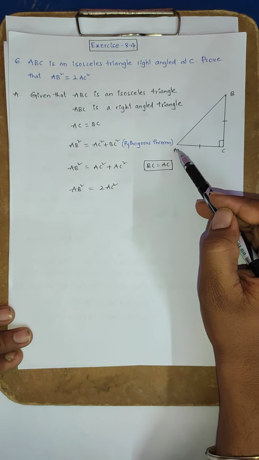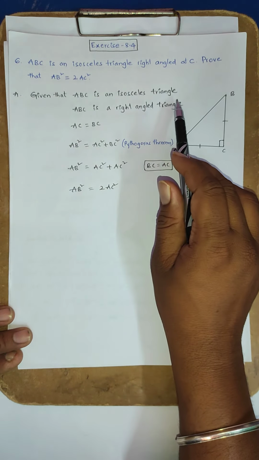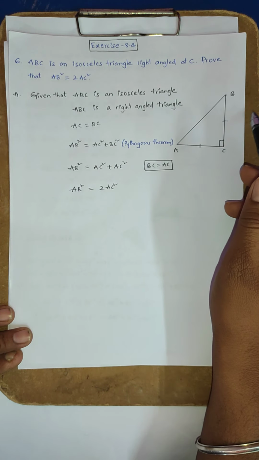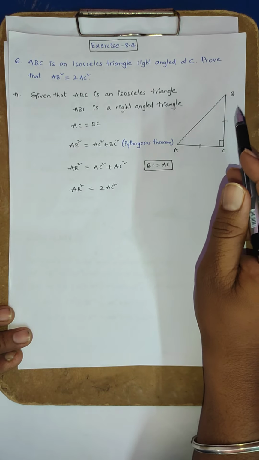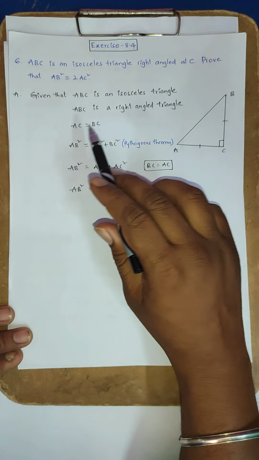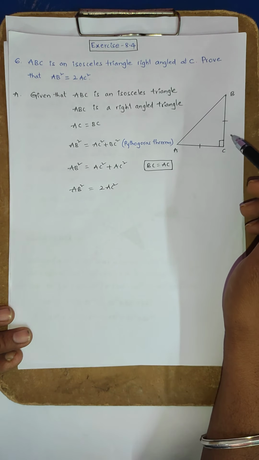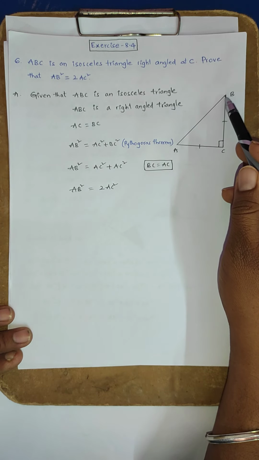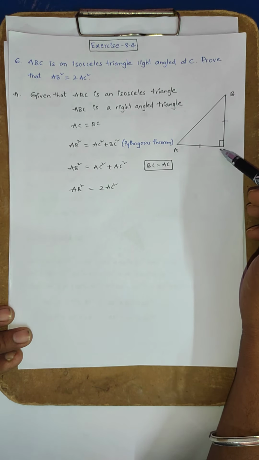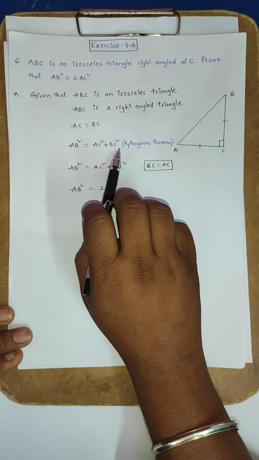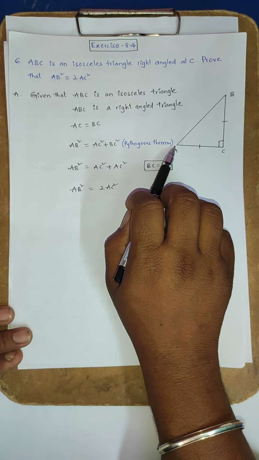Given that ABC is an isosceles triangle and also a right angle triangle, AC equals BC. If this is a right angle triangle, then as per Pythagoras theorem, hypotenuse square is equal to base side square plus perpendicular side square. AB square is equal to AC square plus BC square.